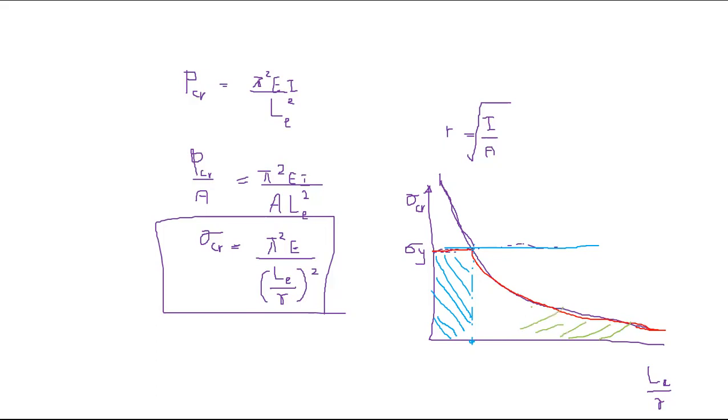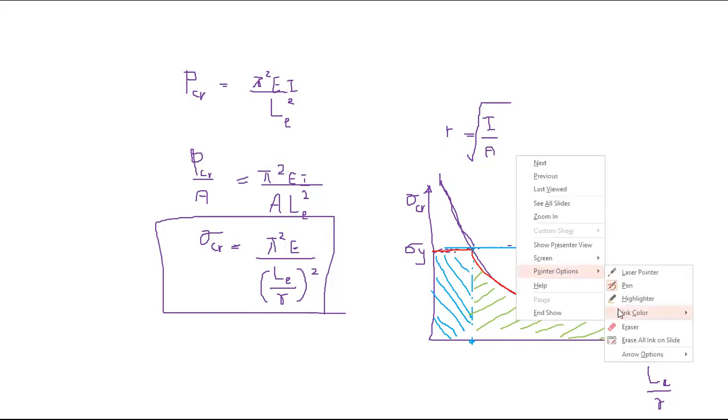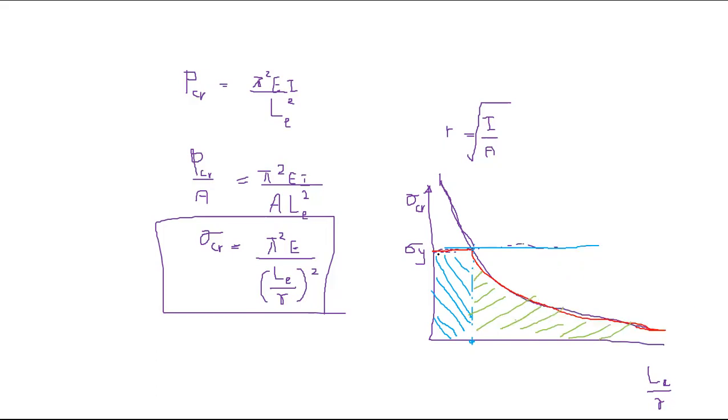But the experimental curves will not exactly fit this. It will look like this, right? Experimental observations. At higher slenderness ratios, the experimental observations are in accordance with the Euler formula, but in this region, you don't have such agreement, right?